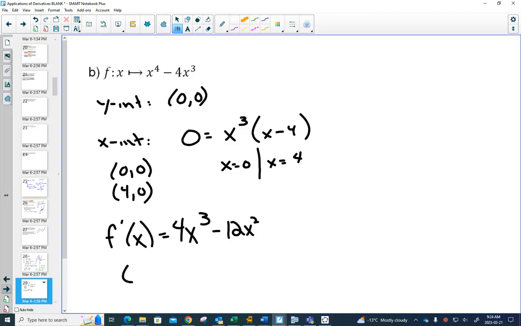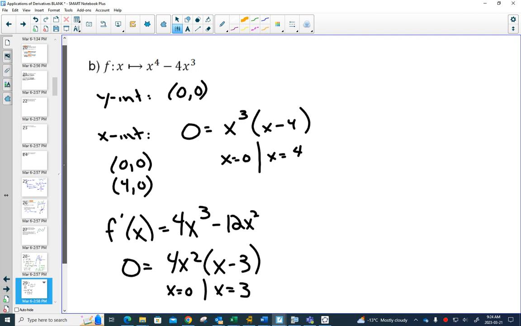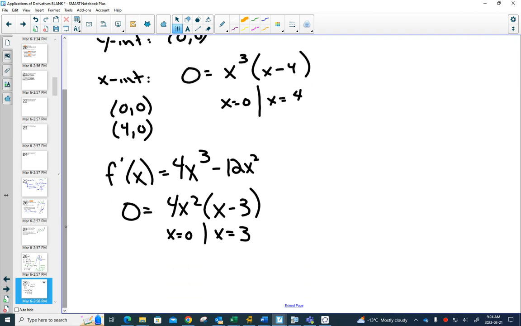We set our derivative equal to 0. You can factor out a 4x squared here. And so we get 2 points, x equals 0 and x equals 3. We can put those onto our number line for our derivative, and plugging in something less than 0, like a negative.